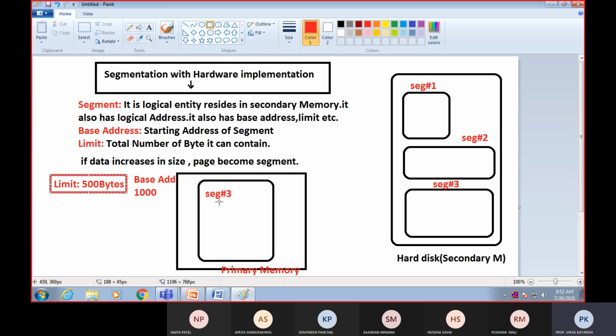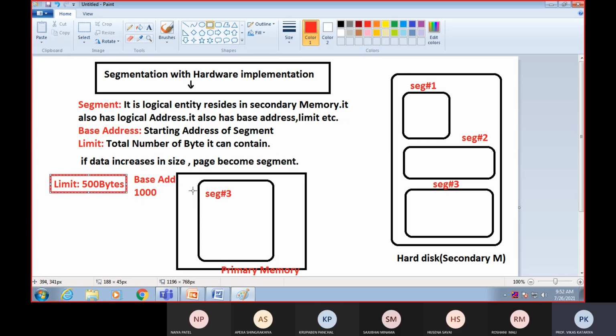So segment number 3 having the base address 1000 indicates that segment number 3 starts loading into the primary memory from address 1000, right? This is the base address.